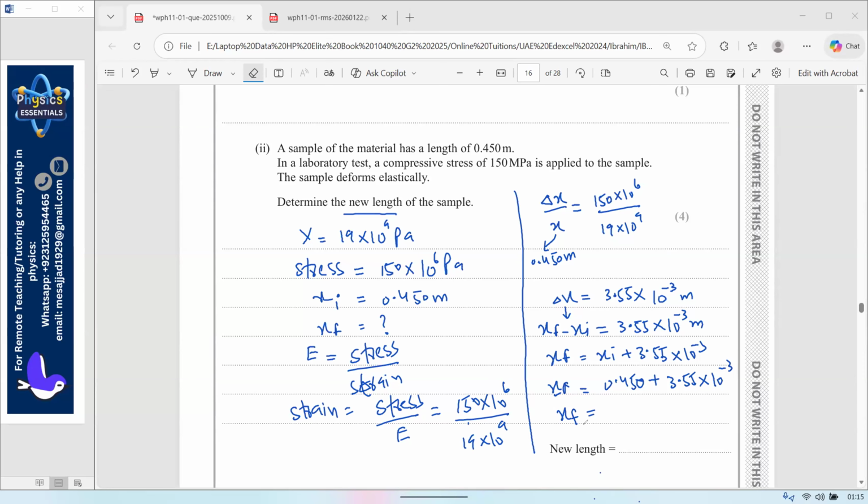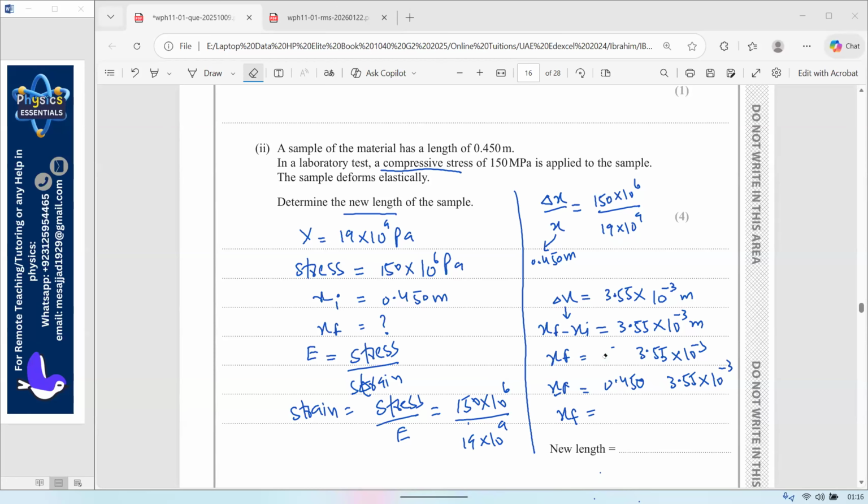Now here the trick comes. When we do the compression, the final length is smaller and the initial length is bigger, because the word mentioned here is compression. So for that we put not plus, rather subtraction.